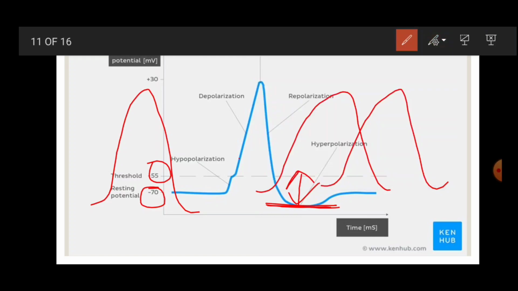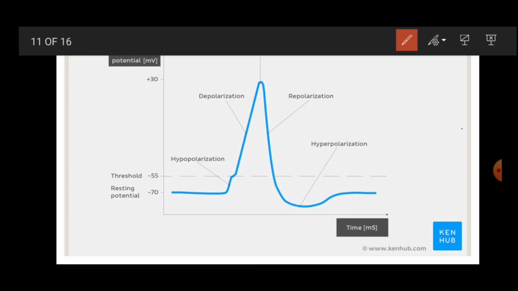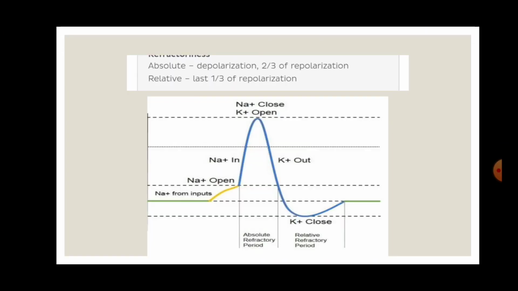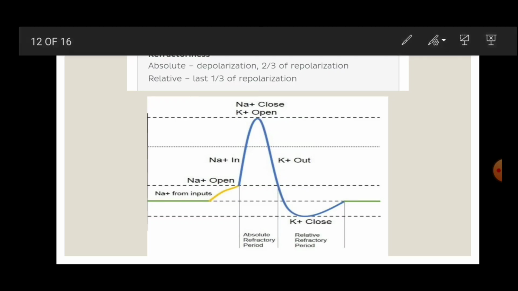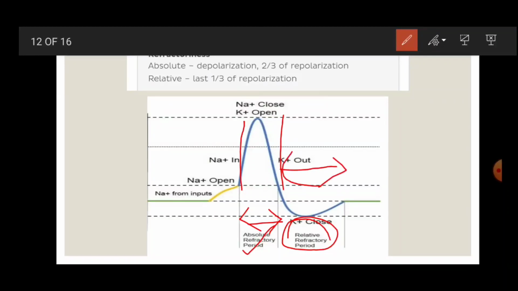So what is that time? Let's see. As you can see here, the time period covering depolarization and two-thirds of the repolarization is called the absolute refractory period, and this is the relative refractory period, meaning the last one-third of the repolarization.